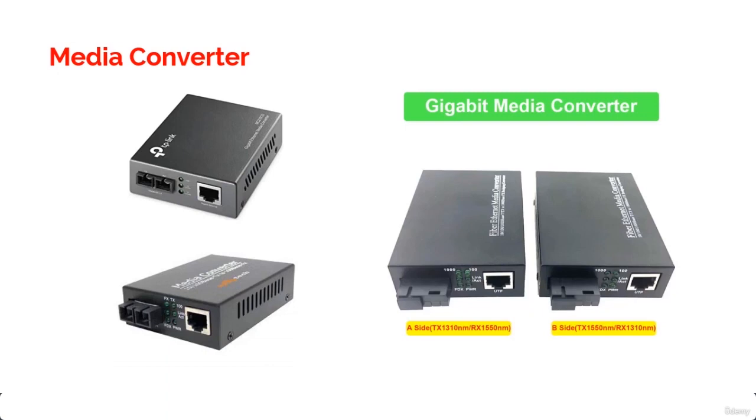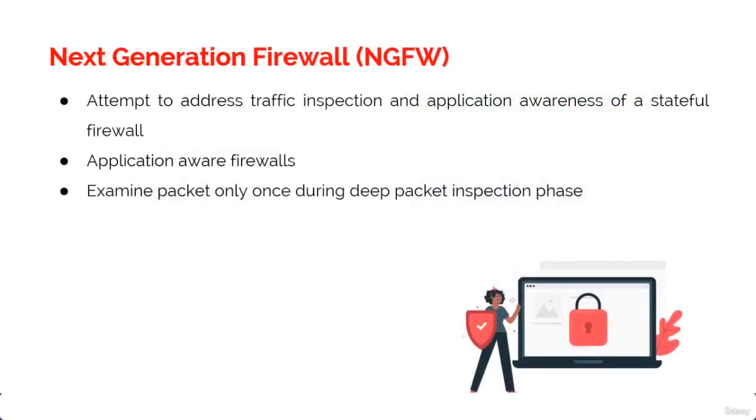Now in this lecture we are going to talk about the media converters and next generation firewalls. We have actually talked about firewalls in the earlier sections, but I had kept next generation firewalls, that is NGFW, for this lecture. Media converters are used when you need to convert one type of cabling to another type.